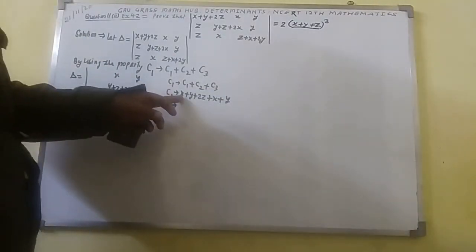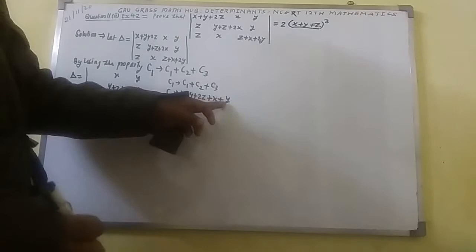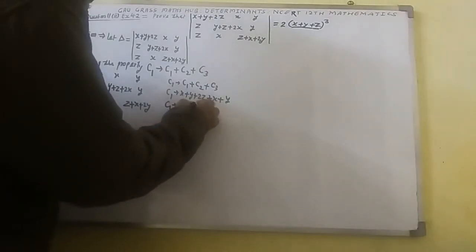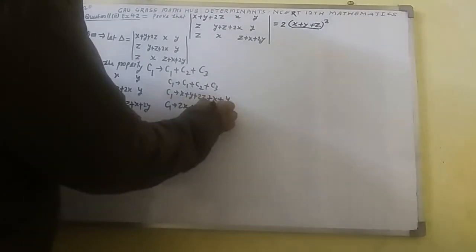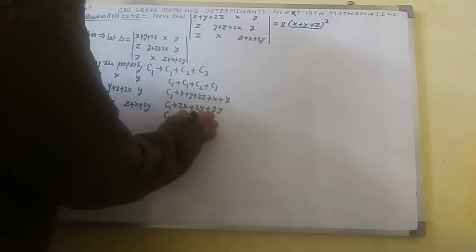Here x and x will be added, you will get 2x. Here y and y will be added together, you will get 2y. Here you will get 2z, here you get 2z. If you take 2 as common, you will get x plus y plus z.